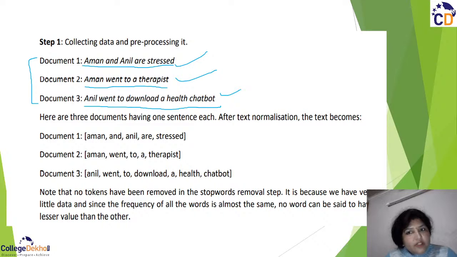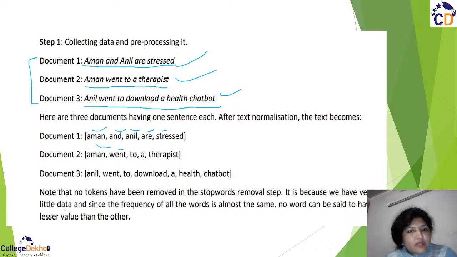After text normalization, you convert the text into tokens: "Aman and Anil are stressed," "Aman went..." and all are converted to lowercase. None of them follow any title case, even though they are names. In the third document again, we have converted into tokens.